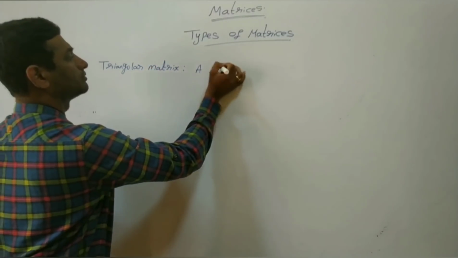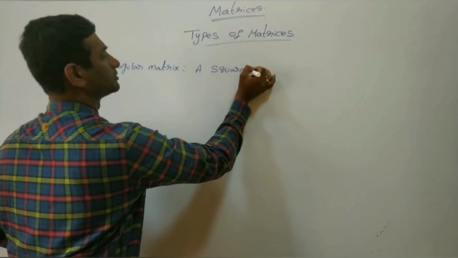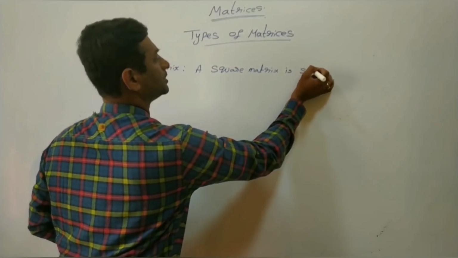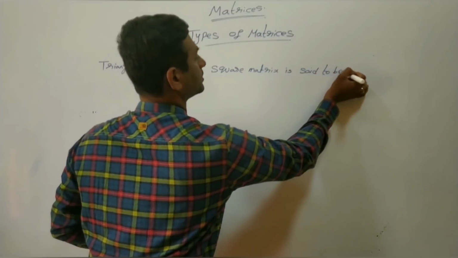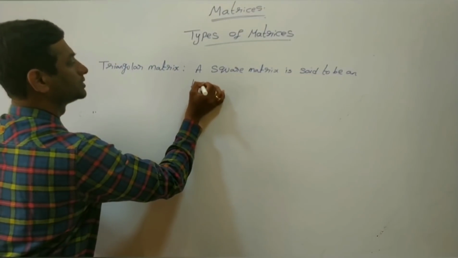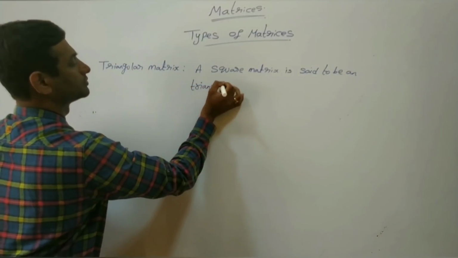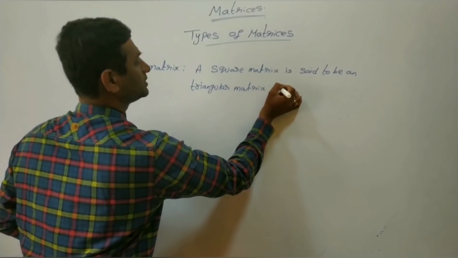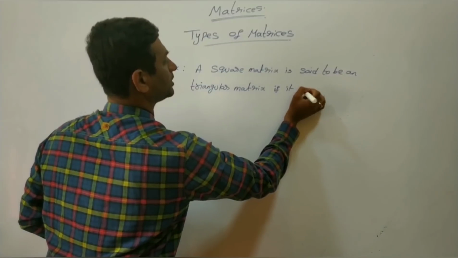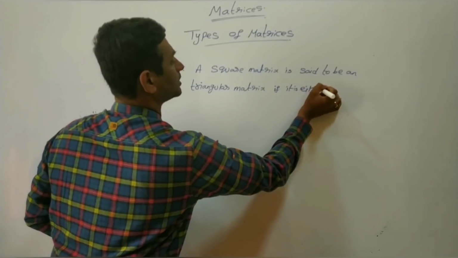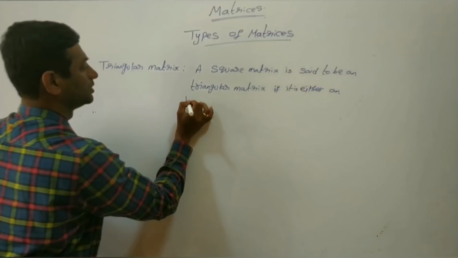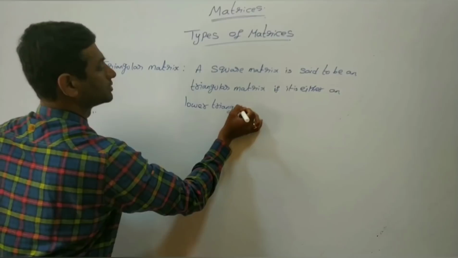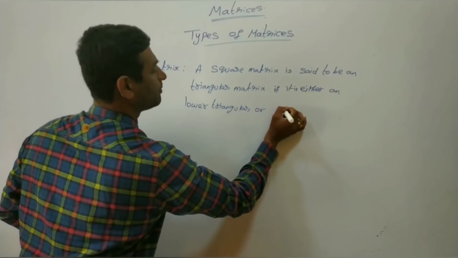A square matrix is said to be a triangular matrix if it is either a lower triangular or an upper triangular matrix.